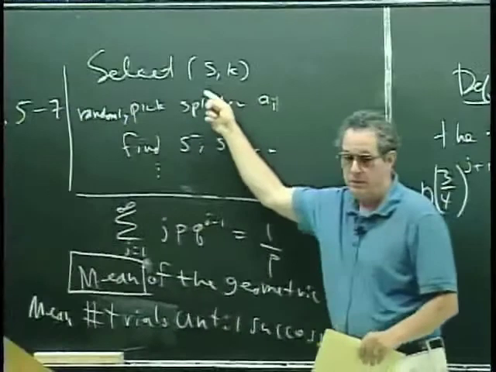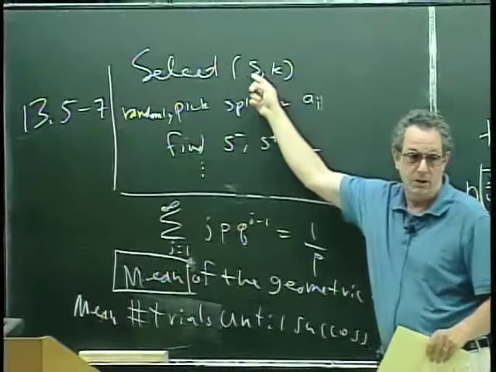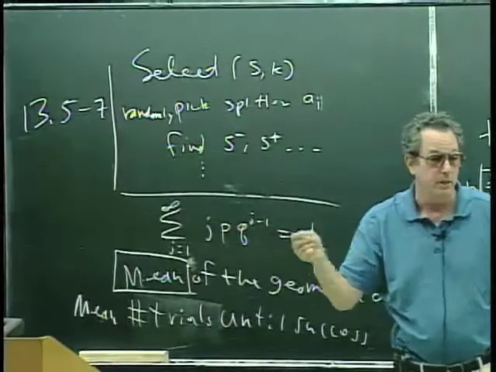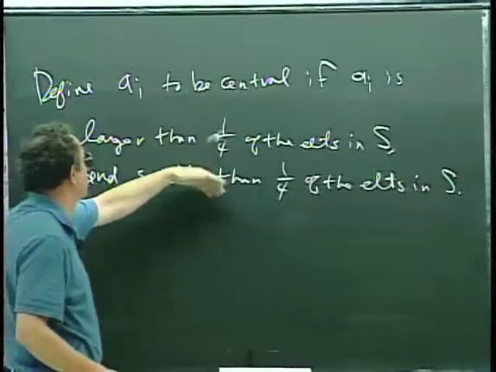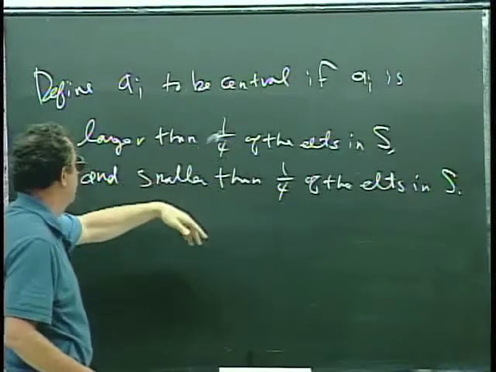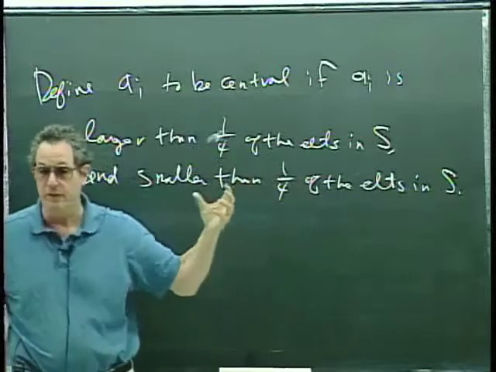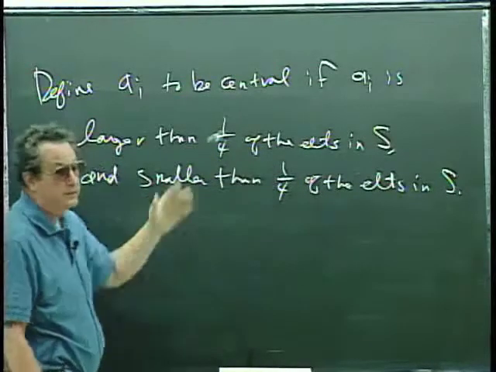For a particular call, there is a particular S, and in that call, the splitter AI is picked randomly, and if AI is larger than 1/4 of the elements of S and smaller than a quarter of the elements of S, where S is the current S where that splitter is picked, then we say it's central.